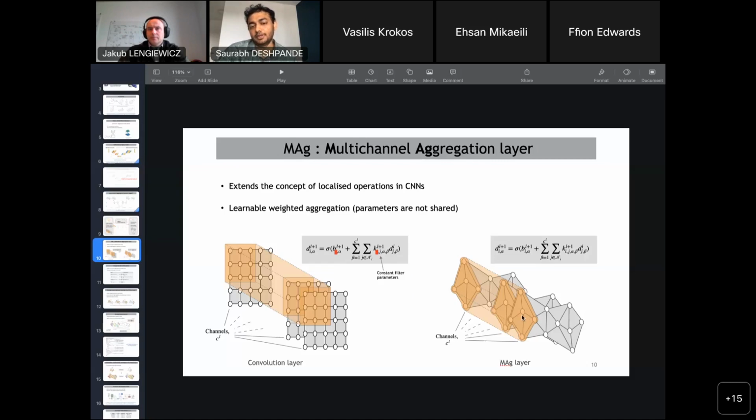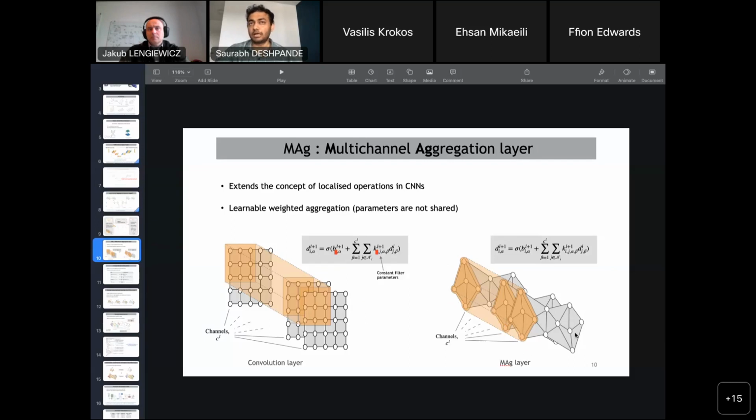But again, the way we have implemented Magnet at present, it's suboptimal. If I compare this to the existing convolution layers, which are super optimized, I observed that usually MAG takes 2 to 3 or 4 times the training time when compared to convolution.